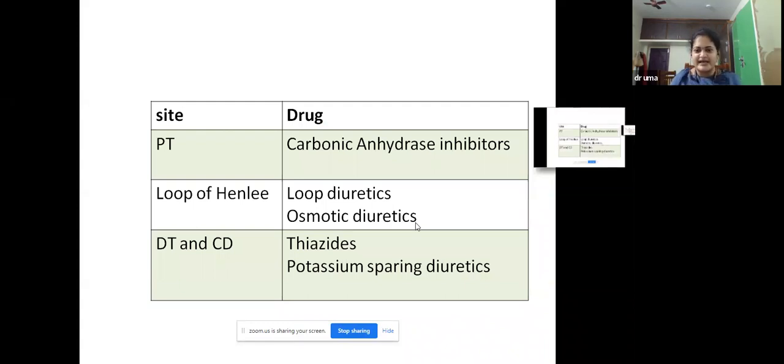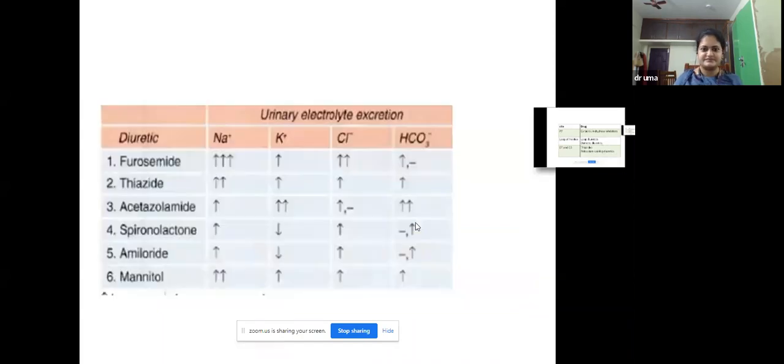It is carbonic anhydrase inhibitors, proximal tubules. Loop of Henle: loop diuretics and osmotic diuretics. In the distal tubule and collecting duct, it is thiazides and potassium-sparing diuretics. And for urinary electrolyte excretion, all the diuretics, that is furosemide, thiazide, acetazolamide, spironolactone, amiloride, and mannitol, cause the excretion of sodium.